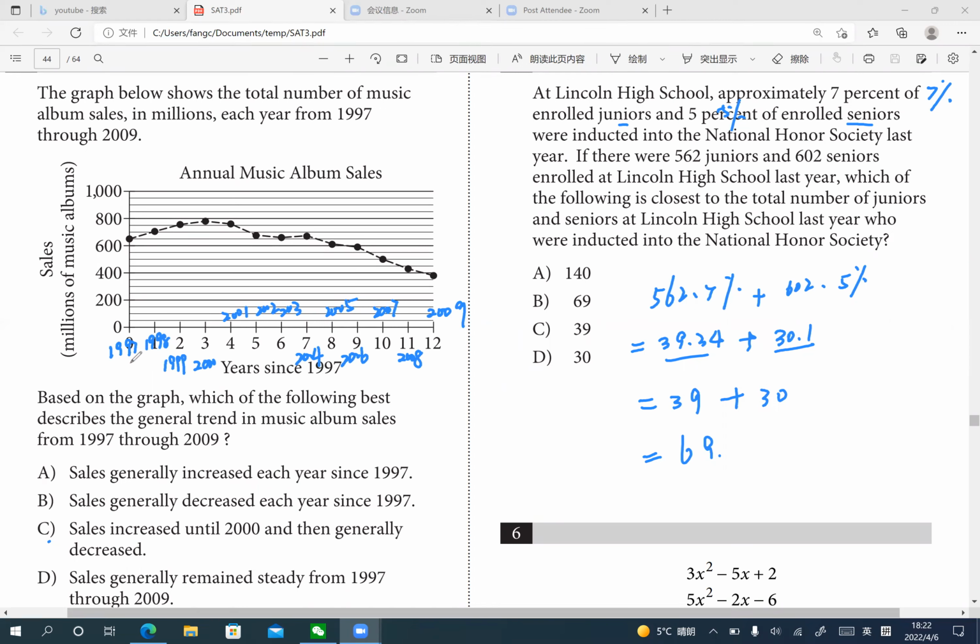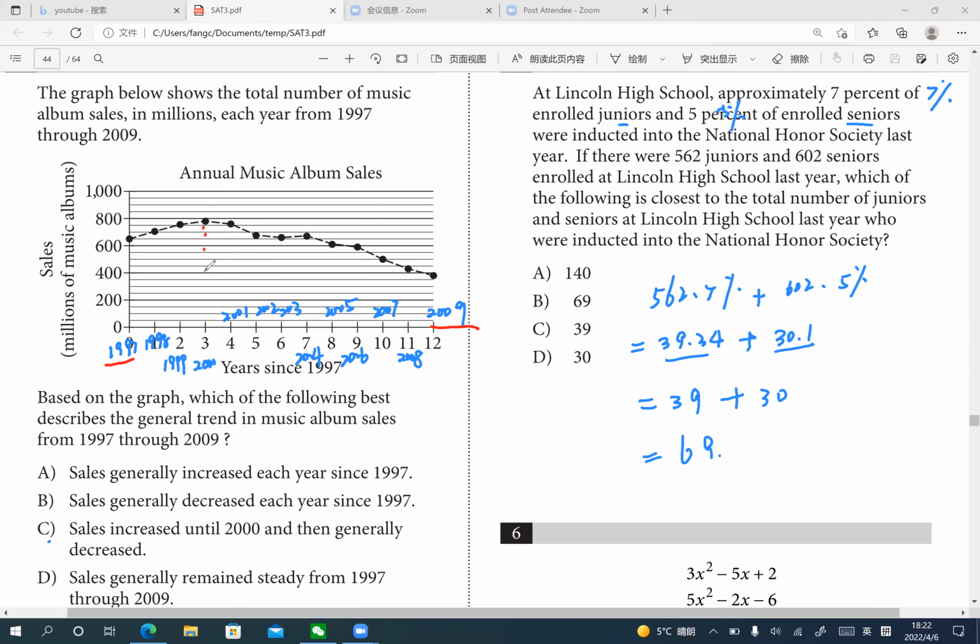So I labeled every year on the x-axis, which began from 1997 to 2009. Then we can clearly say the trend of the graph.